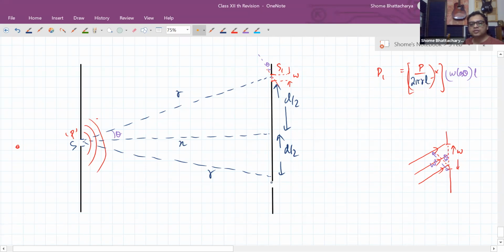So the power emitted by these two slits, P1 equal to P2, will be like this: P upon 2 pi into cos theta divided by r. Now cos theta here is how much? It is d by 2, so this will be d by 2 r square.